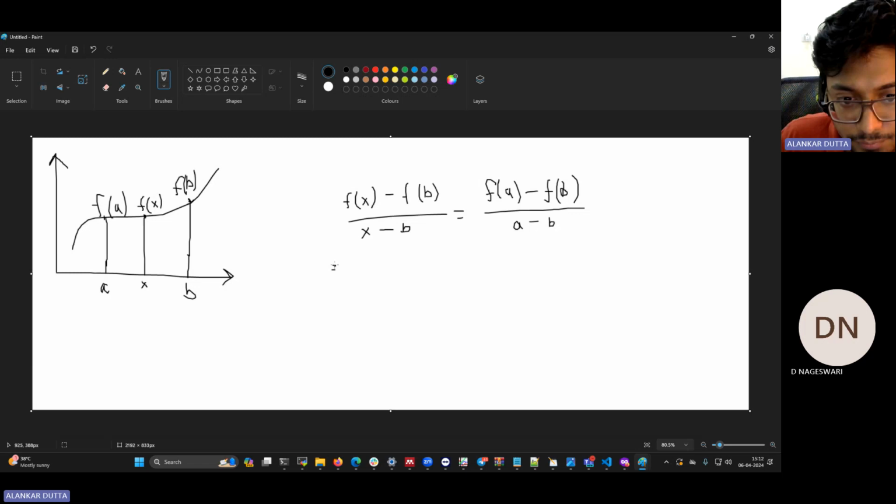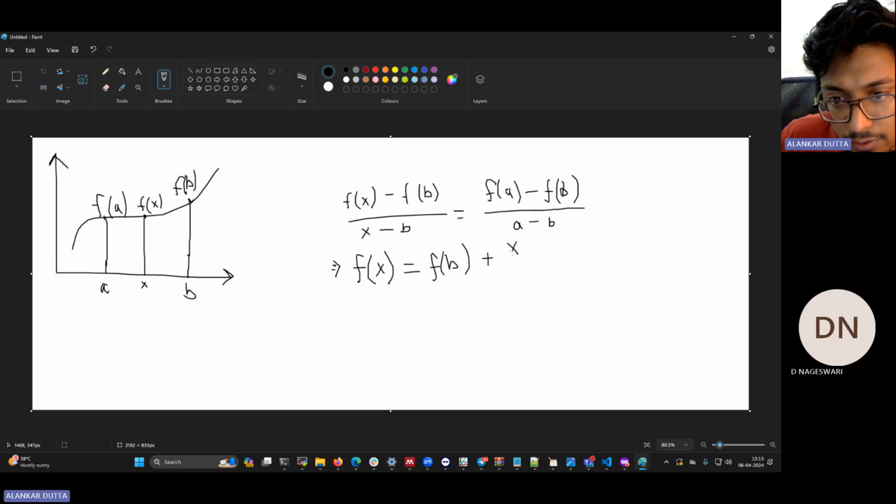So for that, what we will have is f(x) equals, and you multiply (x minus b) in here, so this will be f(b) plus (x minus b) over (a minus b), and this must be multiplied with something like f(a) minus f(b).